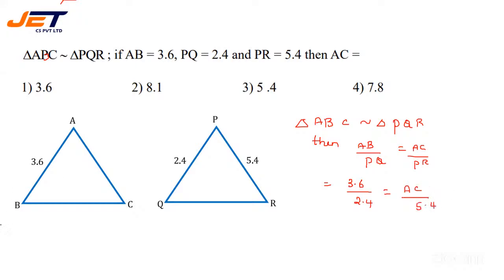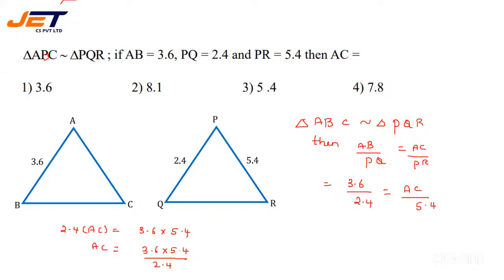So now 2.4 times AC is equal to 3.6 into 5.4. So now what is AC? 3.6 into 5.4 divided by 2.4. All right.